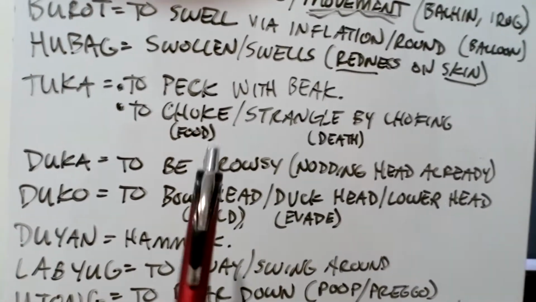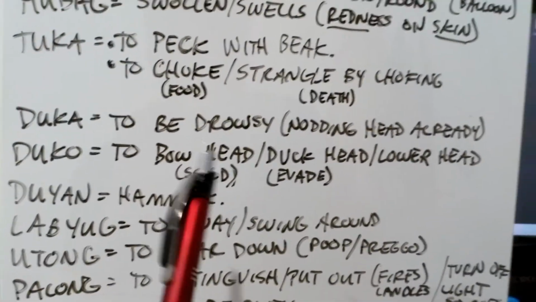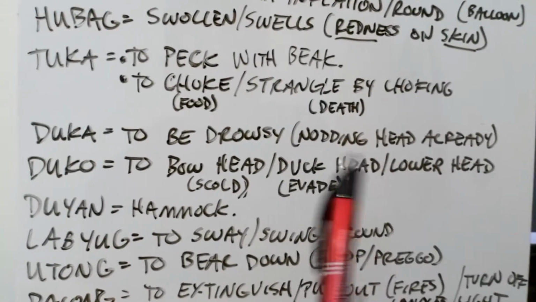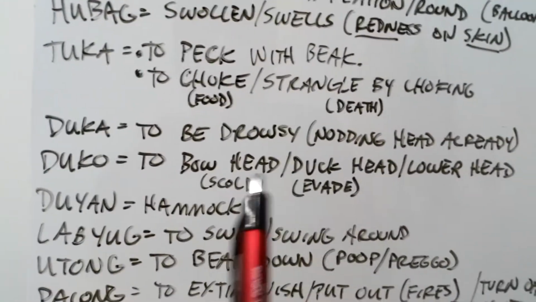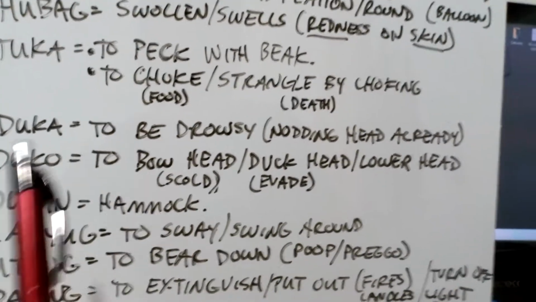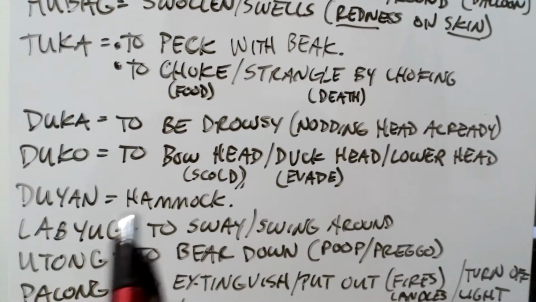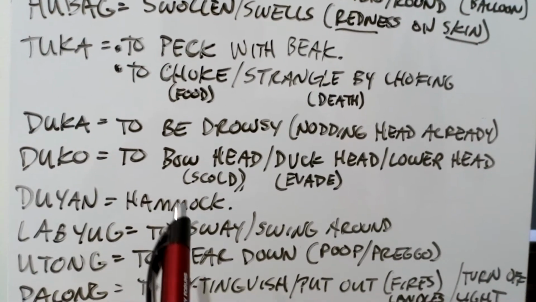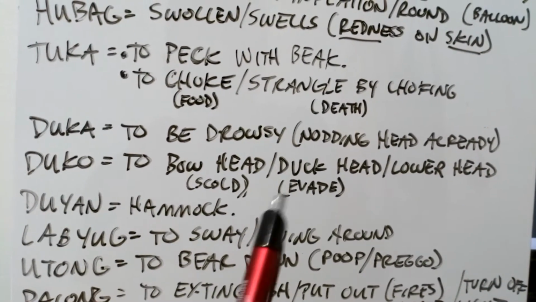Next we have duka, right? Duka means to be drowsy, like you're already nodding your head back and forth, you're sleepy. Katulgon, right, is the verb to be sleepy, but you can use duka to help you even describe that, right? Oh, tanawan mo si Maria, nadukat naman siya sa iyang ulo, right?